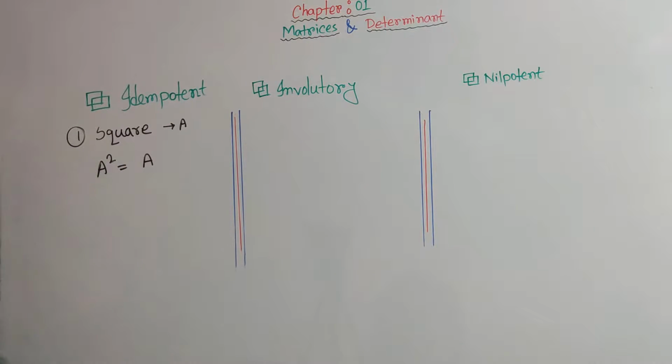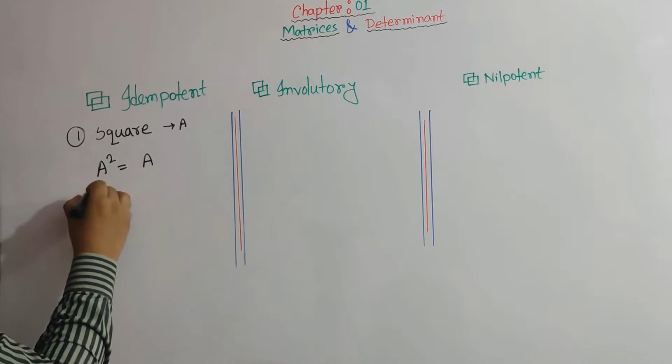So any square matrix A is said to be idempotent if A square equals A. Here, what does A square equals A mean?